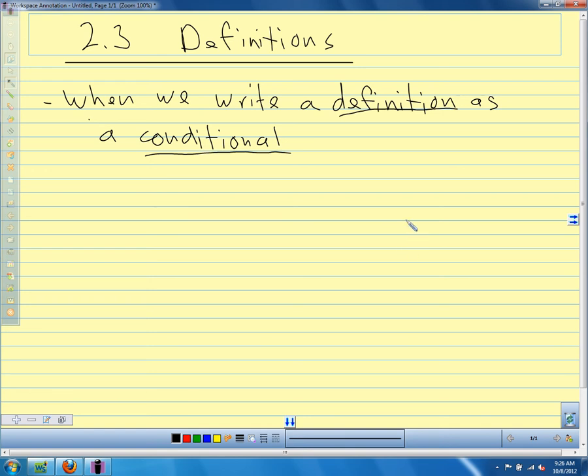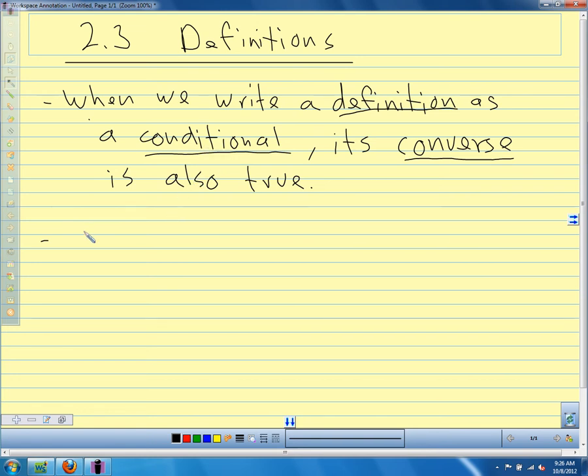So when we write a definition as a conditional, its converse is also true. And this is the way we make definitions in math, by having a conditional where the converse is also true.